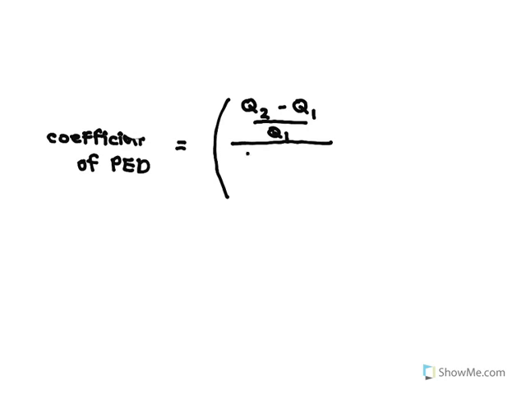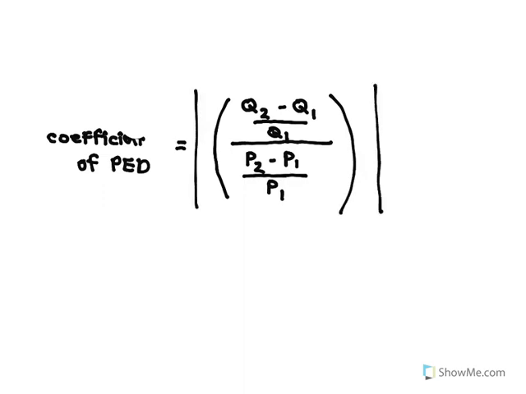And then below that, we're going to do the same thing with prices. The new price minus the old price divided by the old price. And then we take the absolute value of that result. And whatever that number is, and I apologize, my hand is erasing things, that coefficient is going to tell us if the demand is elastic, unit elastic, or inelastic.